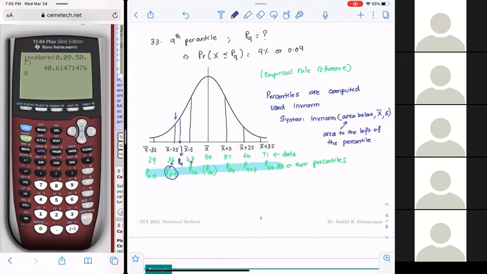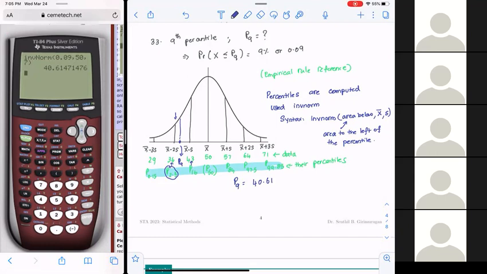The answer is actually 40.61. Does 40.61 lie between 36 and 43? Absolutely. So P9 in this case is simply equal to 40.61.